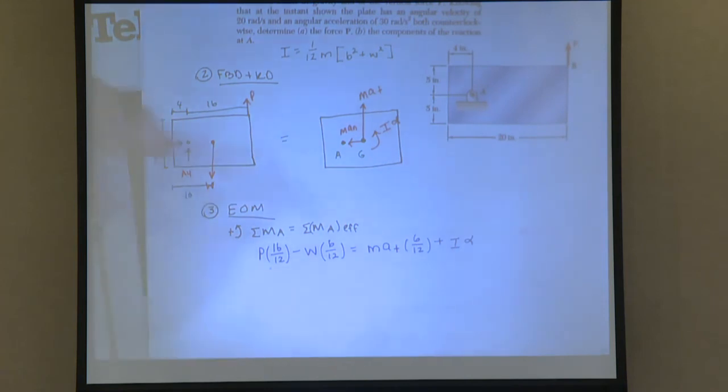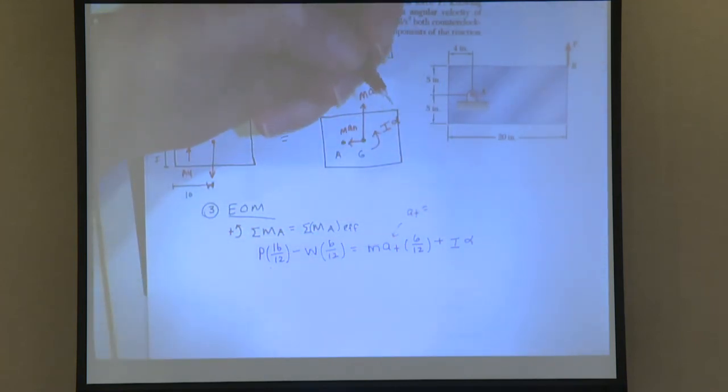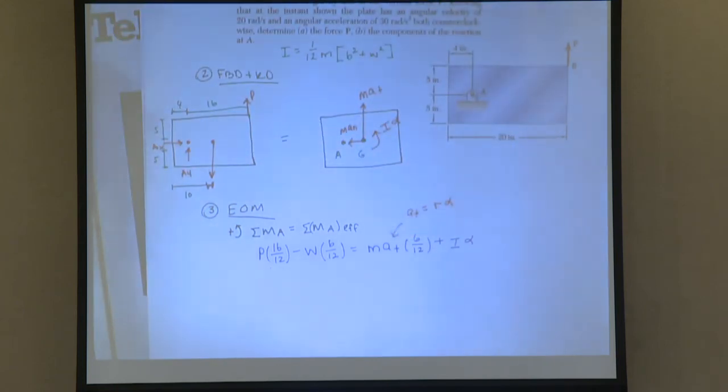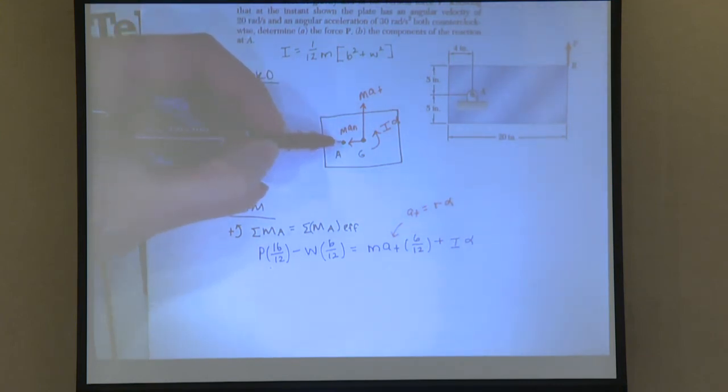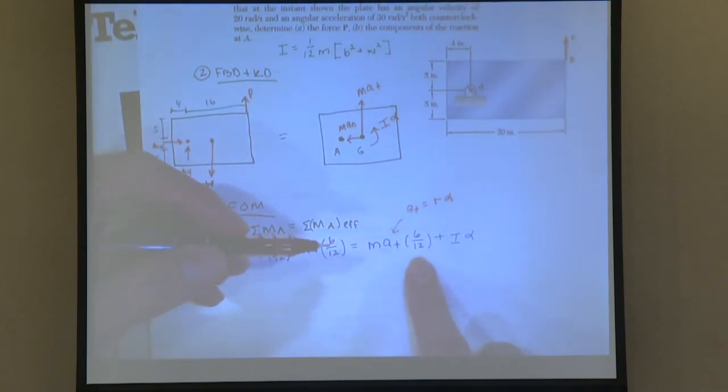We know A_T is the same thing as R alpha, right? This thing is rotating about point A, so A_T is just going to equal R alpha, and that R is the same 6 over 12 that we have here.